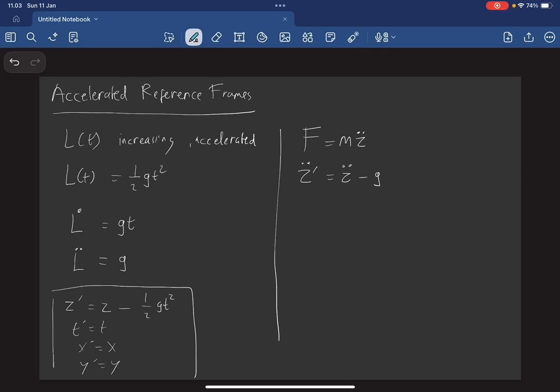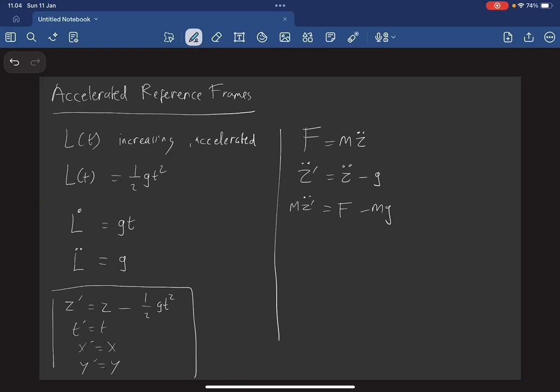To write Newton's equation in the prime frame of reference, we multiply both sides of this equation by m, the particle mass, and we replace m z double dot by F. So we get m z prime double dot equals F minus mg. We have arrived at what we wanted. This equation looks like a Newton equation. That is, mass times acceleration is equal to some term. The term is F minus mg.